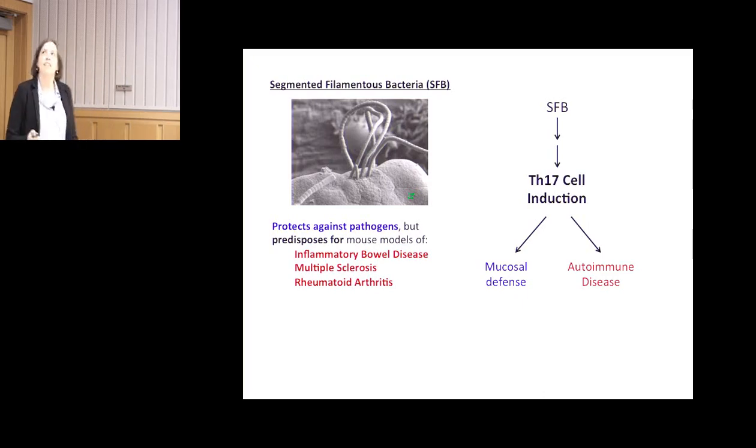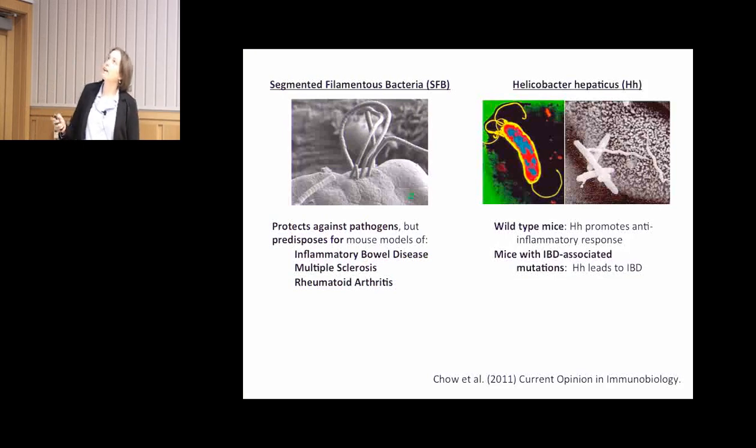So this particular microbe, through its induction of Th17 cells, influences host systemic immunity. As just one more quick example of another gut microbe that has an immunomodulating effect, I just want to introduce Helicobacter hepaticus.